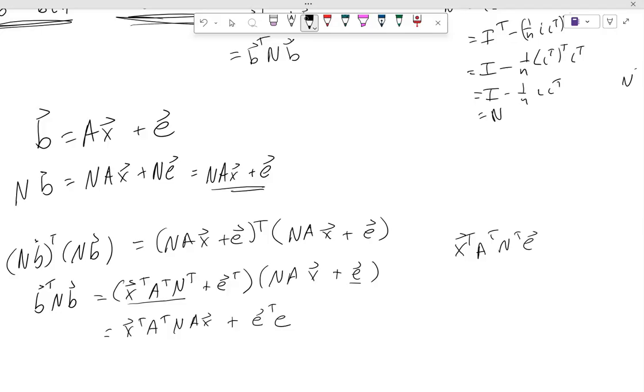What did we say that N transpose was equal to? N. And then NE was equal to E, right? So at this point, we've got X transpose A transpose times E. Do we agree with that? Okay, cool.